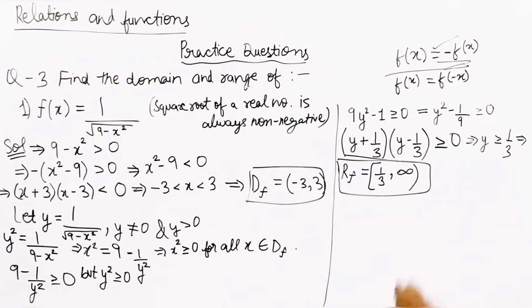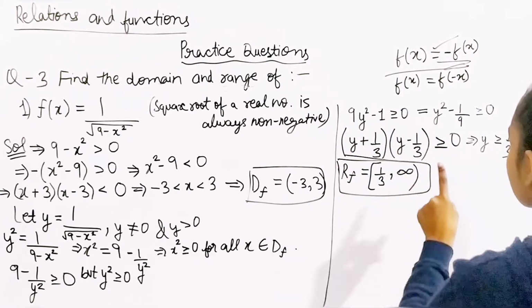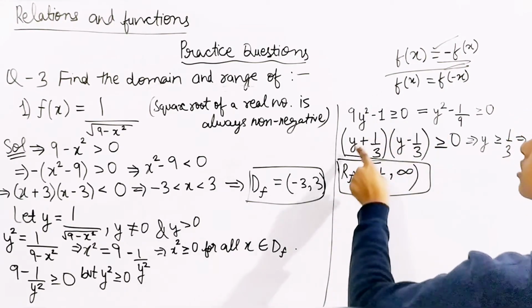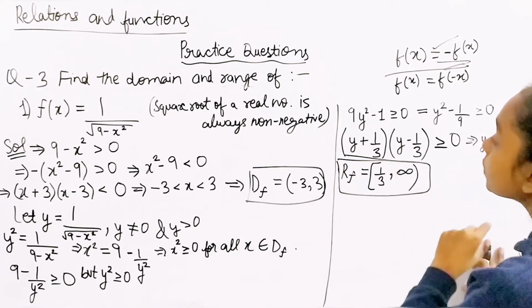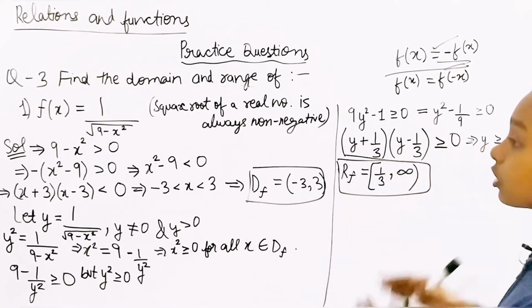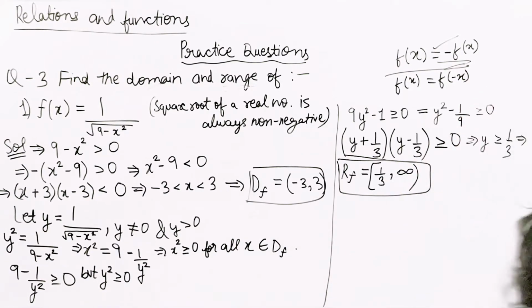So what it was saying is that, first, y is going to be greater than 0. Second, y is going to be less than or equal to negative 1 upon 3, or y is going to be greater than or equal to positive 1 upon 3.